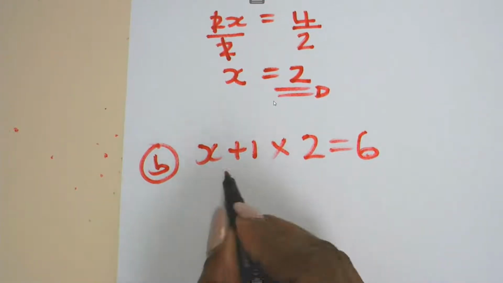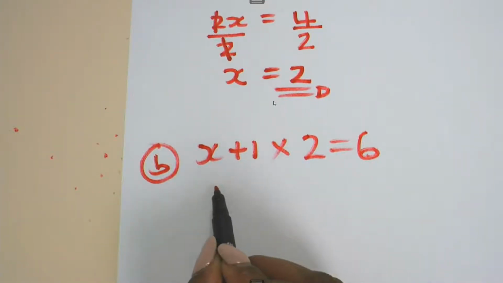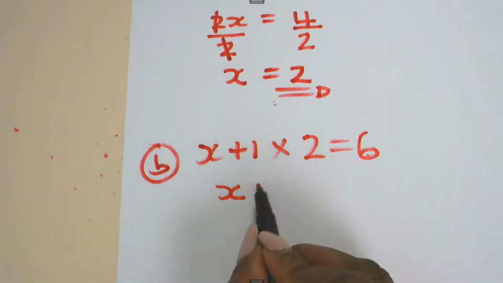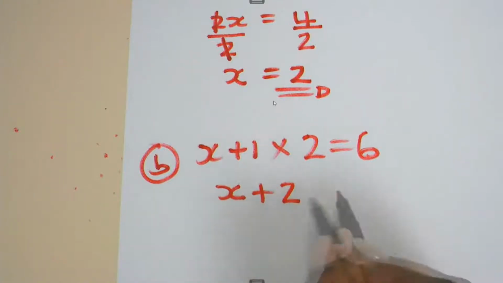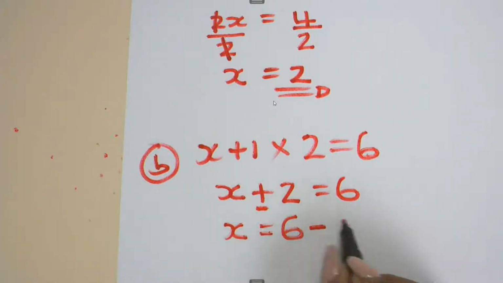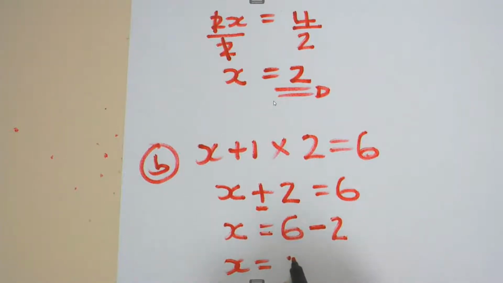We have x plus 1 times 2 is 2 equals 6. Then x equals 6. The 2 here we were adding, but when it comes to this side, we have to subtract. Then x equals 6 minus 2, therefore, sorry for that.